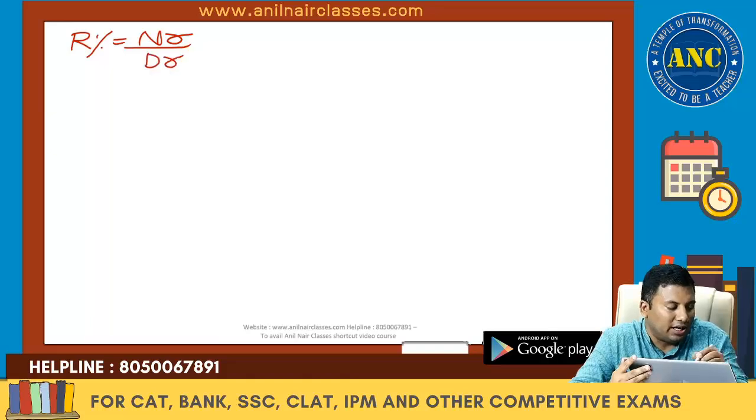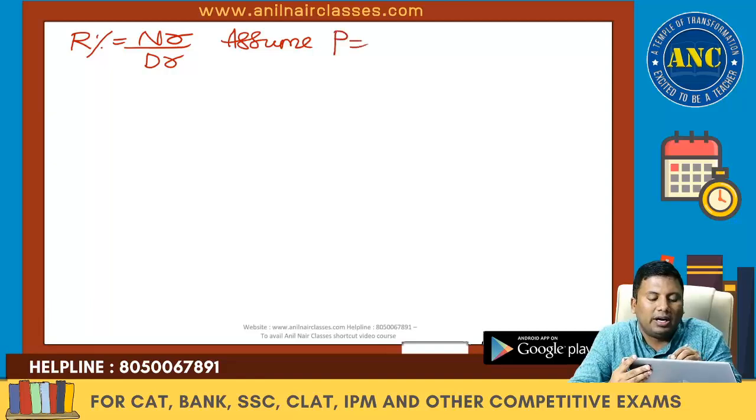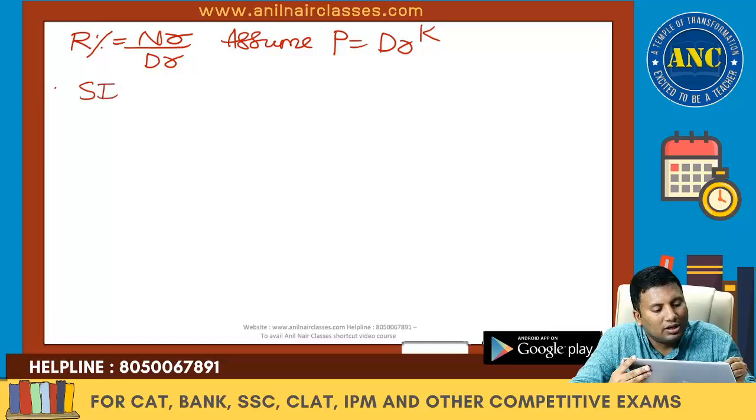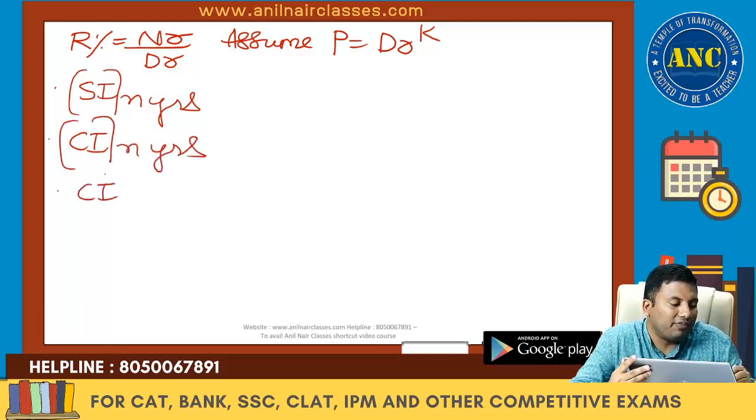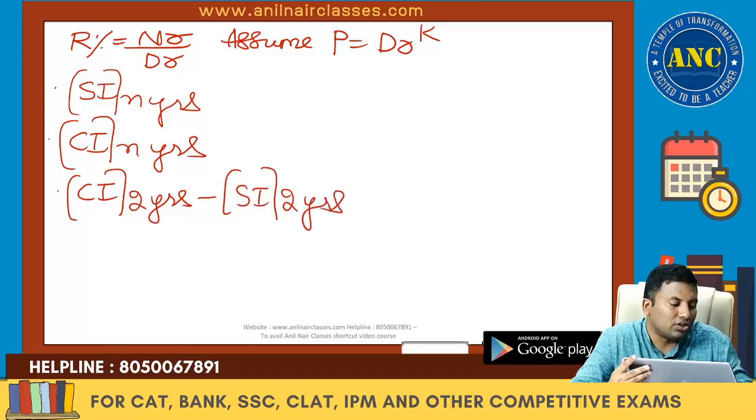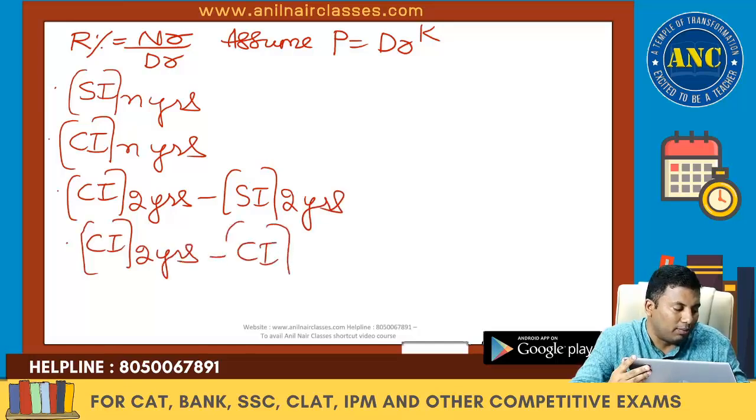By using this, you can solve SI for any number of years. You can solve CI for any number of years. You can solve CI for 2 years minus SI for 2 years. One approach, multiple problems.